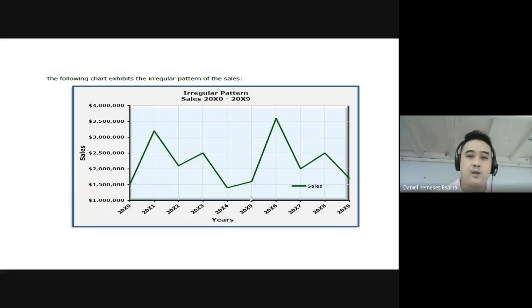So if you see that the pattern of your sales is irregular, we cannot use linear regression as a predictor. Most likely, for those variables that have a trend pattern, the regression line or linear regression analysis is the most used for predicting values.